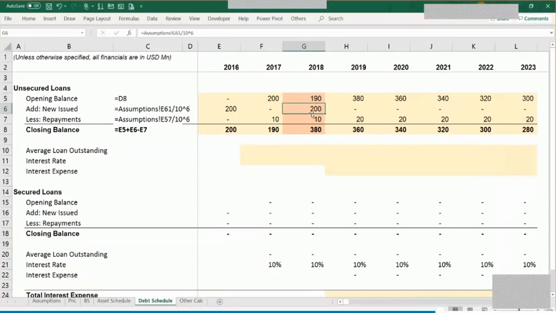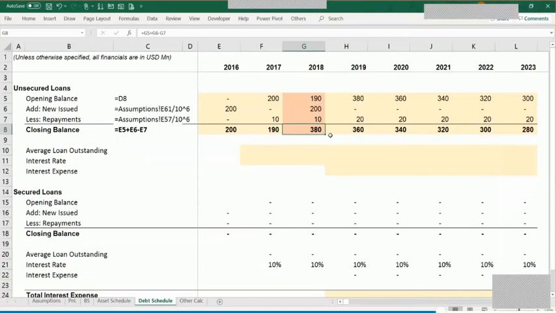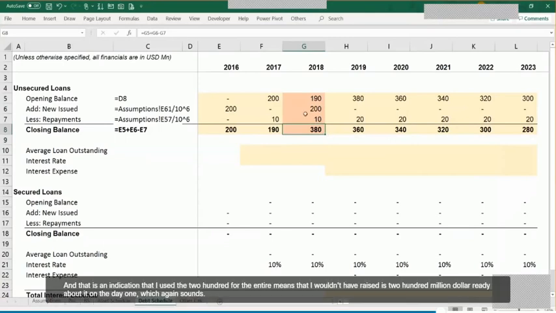I did not use it, so I don't have to pay interest on this component. Or on the other side, if I compute interest on 380, which is my closing balance, then that is an indication that I used 200 for the entire year, which means that I would have raised this $200 million additional amount right on day one, which again sounds like a little extreme assumption.